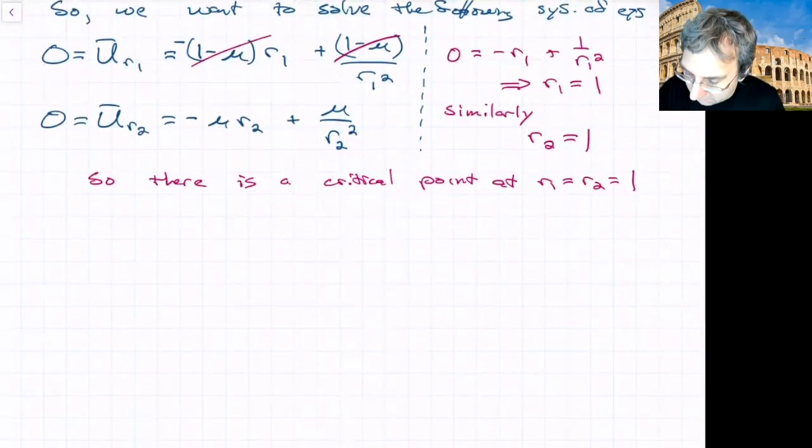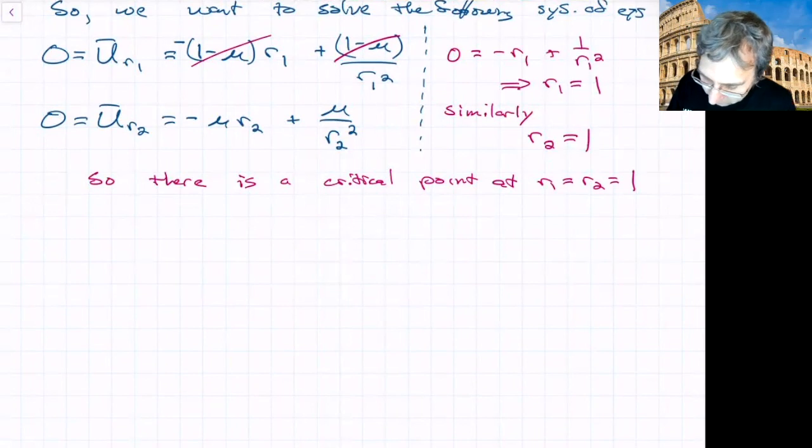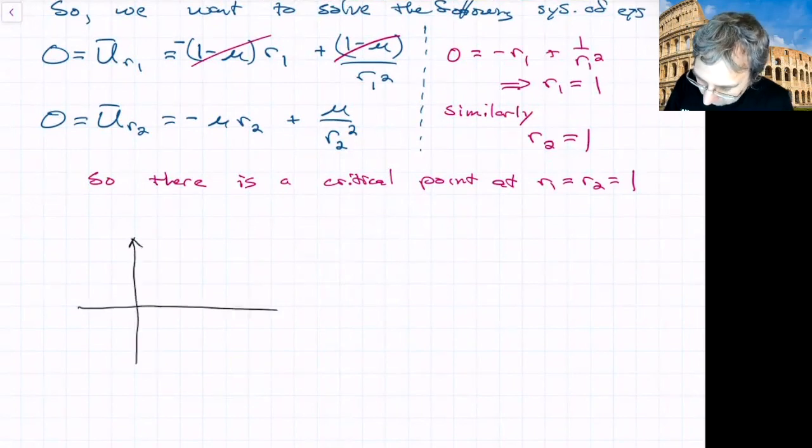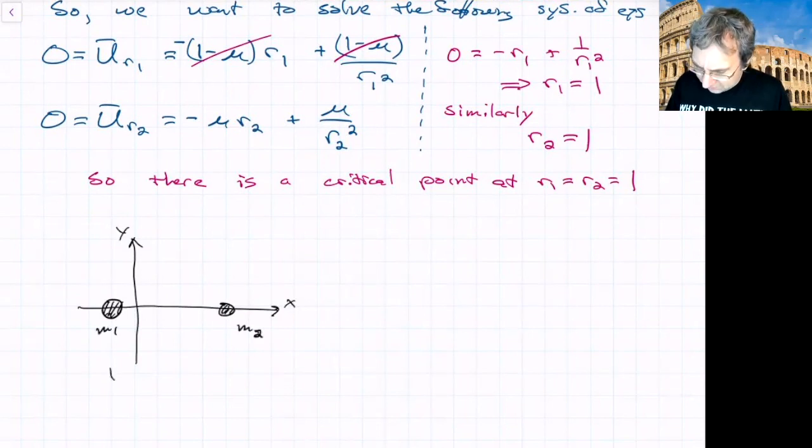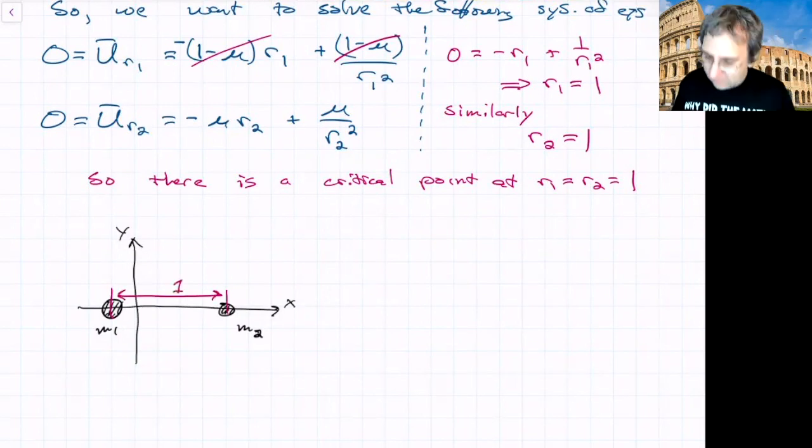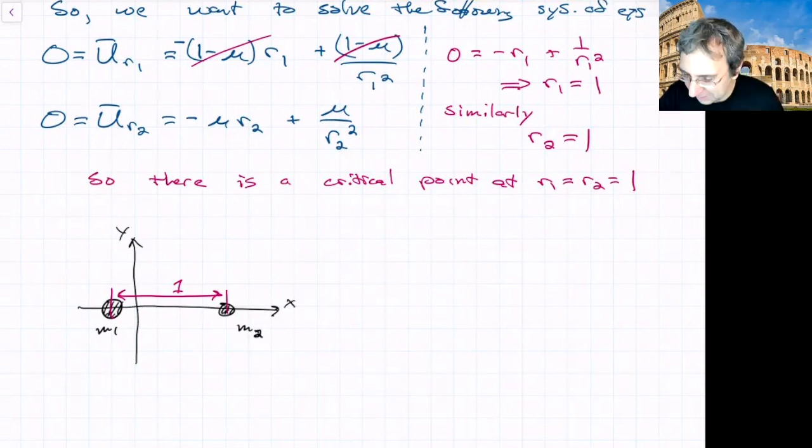Okay, well, now we can try to geometrically figure out where this is. I'll write it using the usual coordinates of X and Y. So M2, here's M1. Remember, they're a distance 1 away from each other. Distance between the two is 1. We put that up here. And we're looking for the location where R1 and R2 are both equal to 1. So hopefully you can see where these are. It would be at these points.